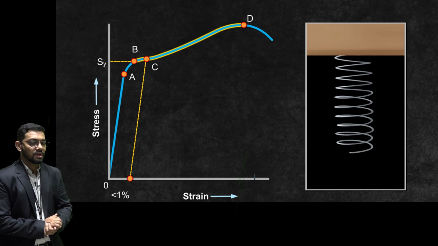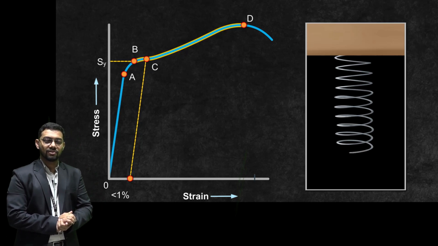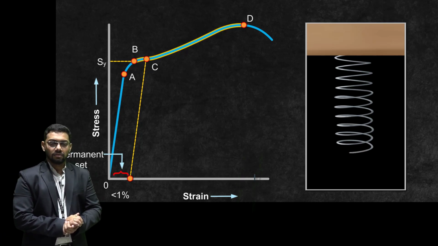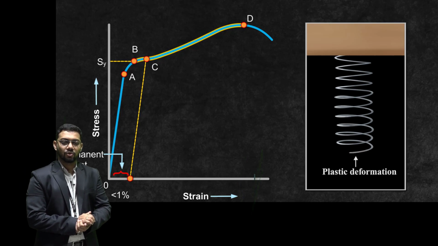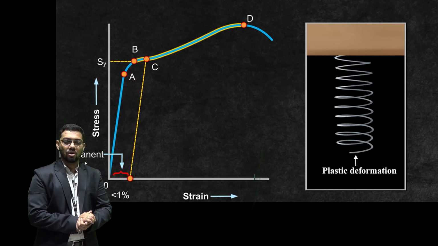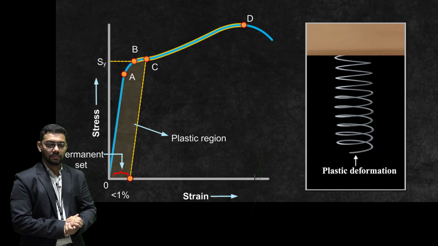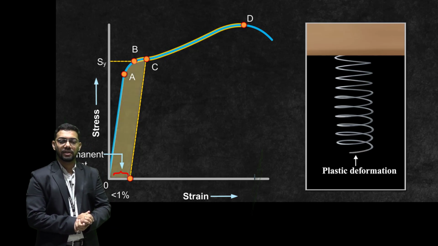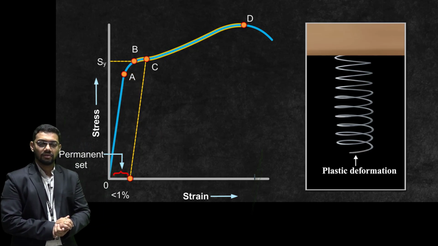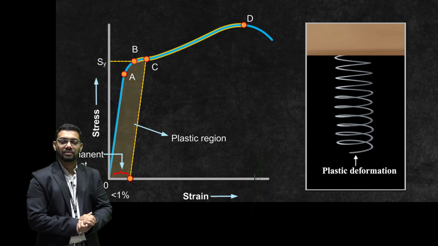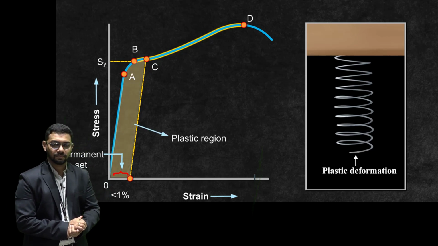In this case, even when the stress is 0, the strain is not 0. The material is said to have permanent deformation or permanent set. This deformation is said to be plastic deformation, and this region is said to be the plastic region.